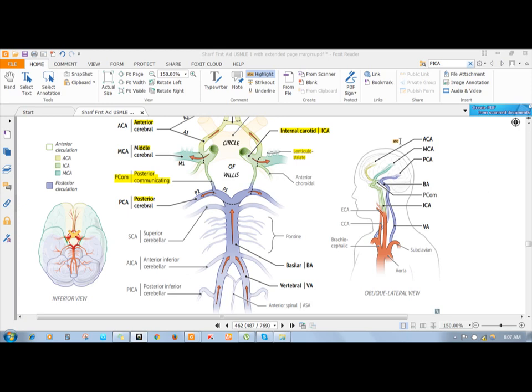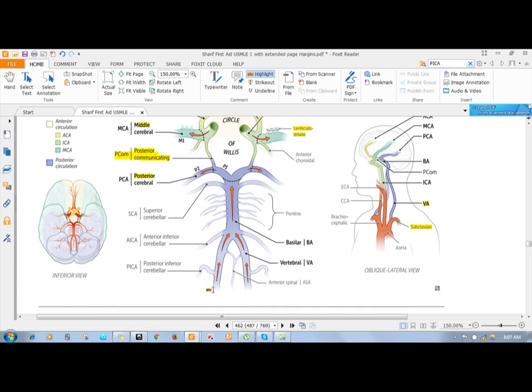So here on the right side of First Aid page 462, you can see the blood supply of the brain, and I'm going to focus on the posterior circulation. You have the vertebral arteries arising from your subclavian arteries on two sides, going up along the cervical vertebrae, and then they fuse to form the basilar artery.